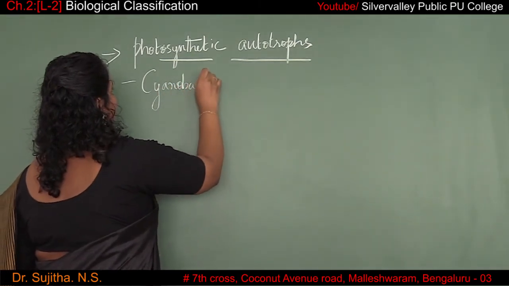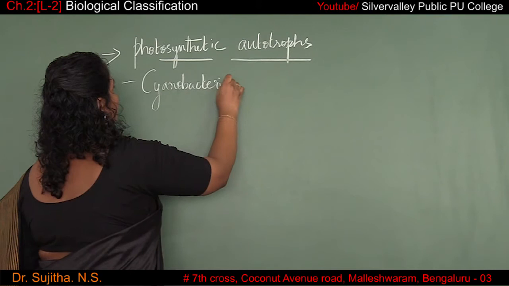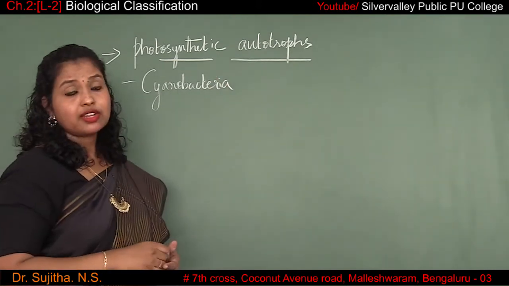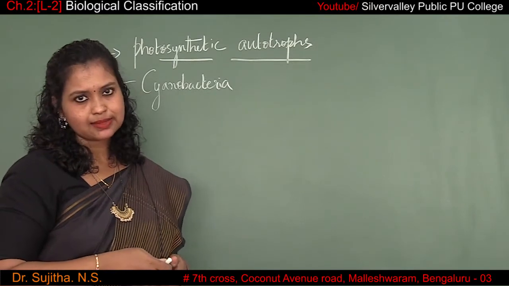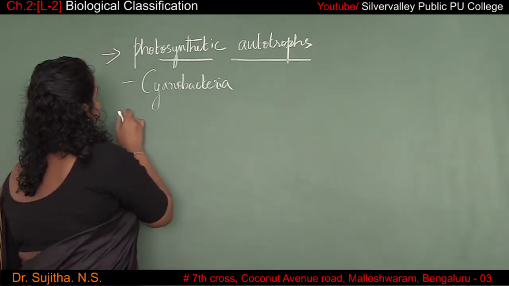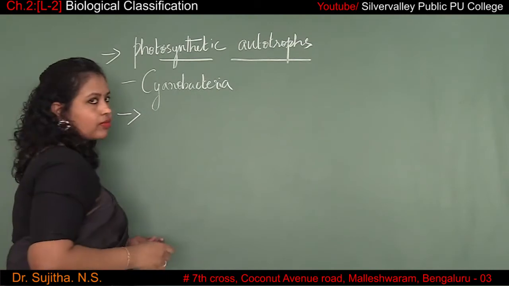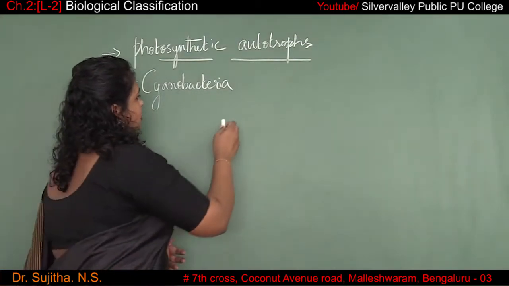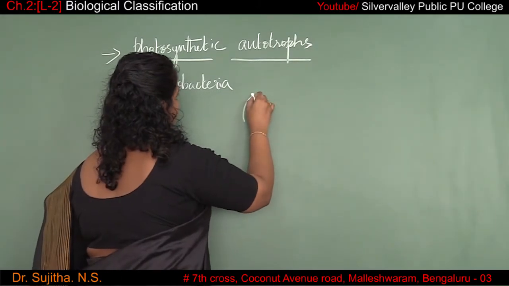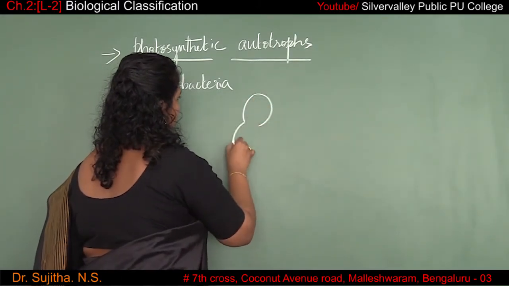Cyanobacteria is an example for these photosynthetic autotrophs. For example, the Nostoc and Anabaena are all cyanobacteria. Now, let us study the structure of this cyanobacteria.